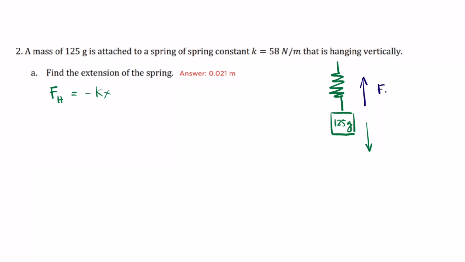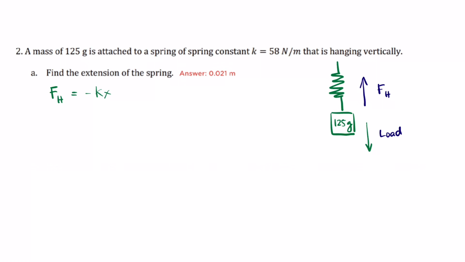So this is our Fh, and this is the applied force or the load. Once again, the negative sign only tells us that whatever the load is, the spring is going to exert a force opposite to the direction of the applied force.